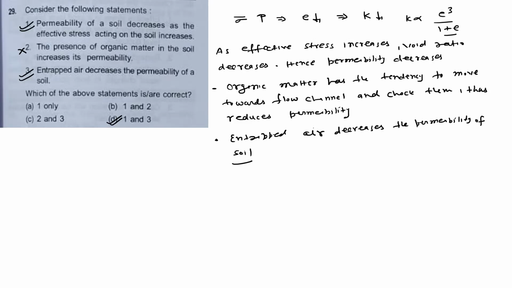Now question number 13. A sand deposit has porosity of 0.375 and specific gravity of 2.6, and the critical hydraulic gradient for the sand deposit is asked. For critical hydraulic gradient, i_cr is equal to (G minus 1) divided by (1 plus e).